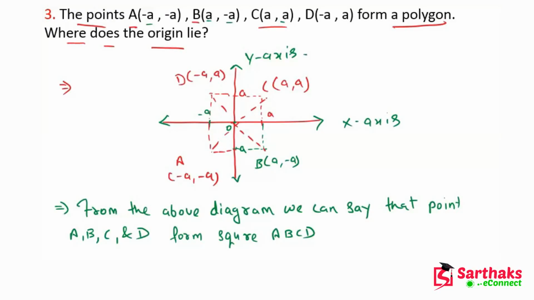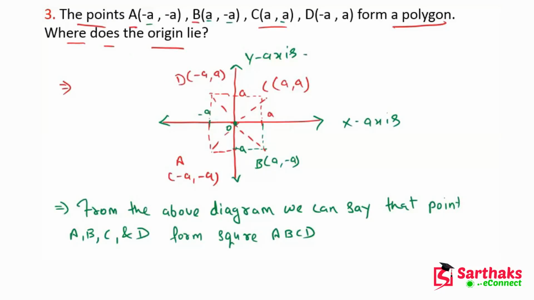from these two diagonals we can say that the origin lies at the point where the diagonals of the square intersect. Okay, so my dear friends, I hope you understand these things.